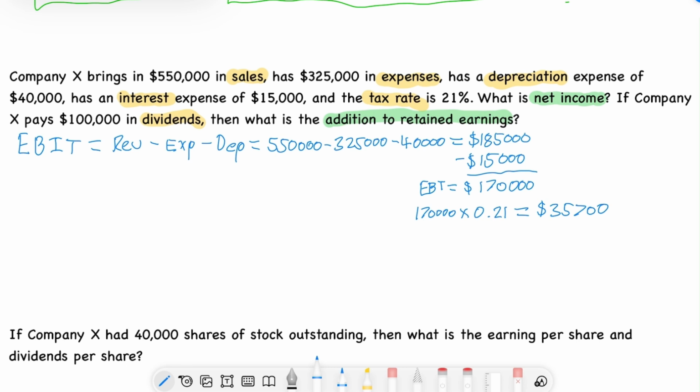Using all this, we can now find our net income. So what we're going to do is take our net income equals what we make, so $550,000 in sales, minus our expenses, so minus $325,000 for our regular expenses, minus our depreciation, minus our interest that we paid, and then minus the taxes that we pay at the end.